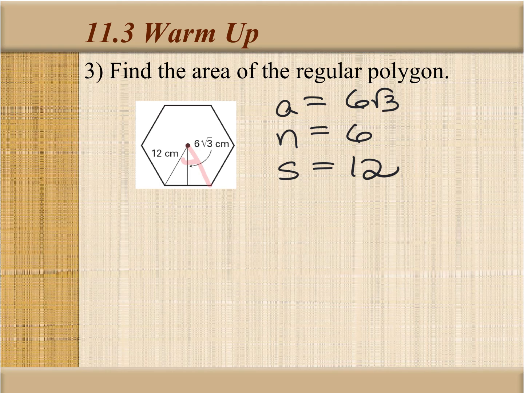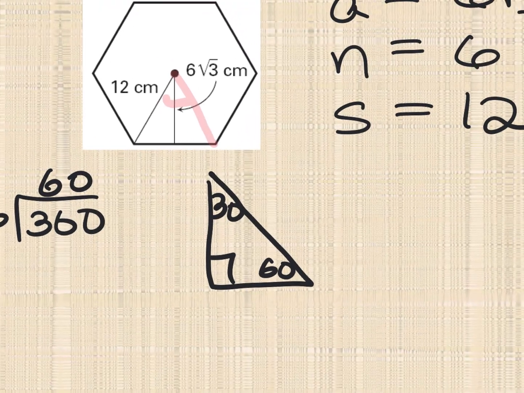You would do 360 divided by 6. Central angle is 60. Remember, when it gets split, it turns into a 30, 60, 90. And then you can label everything you have. So the 6 root 3 was my apothem. It's this side right here.